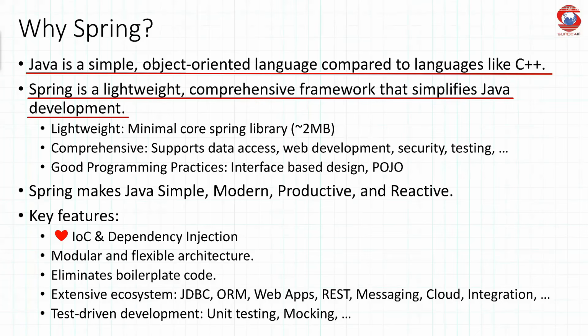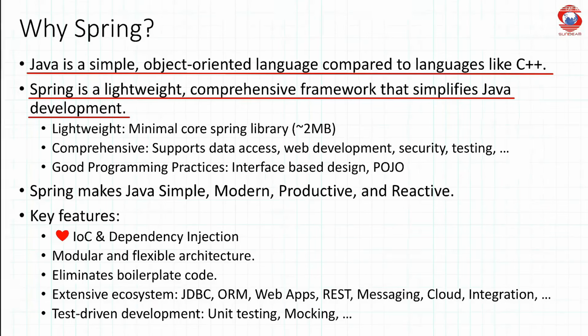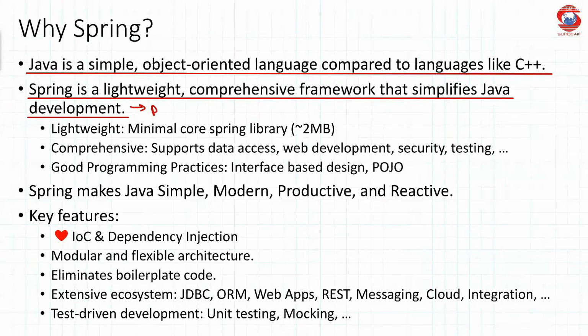Now there are a couple of points that you should take care of. The first thing I said is that it is not to simplify Java, it is to simplify the Java development. And when I say Java development, I'm talking about the production-ready application. It is about production-ready applications, all the advanced things that we are technically developing, correct? Which is very easy with Spring.